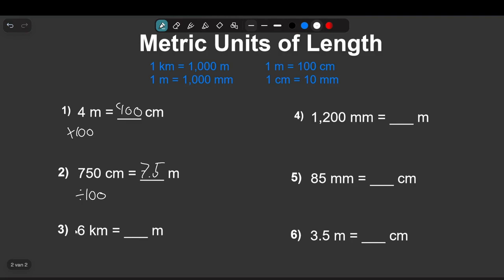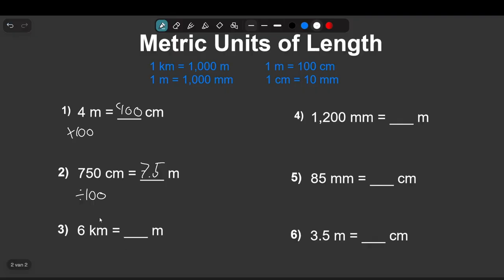So for number 3, we have 6 kilometers equals how many meters? Again, we can look up top here, and we can see that 1 kilometer equals 1000 meters. Kilometers is a bigger unit than meters, so we have to multiply.